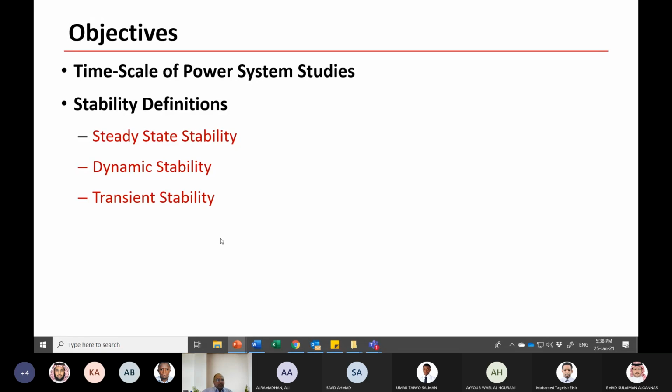This classification is based on the severity of the disturbance. You have a disturbance, and how severe it is. Also the time frame is different.